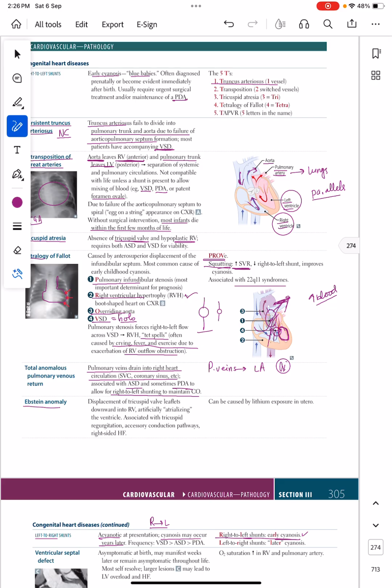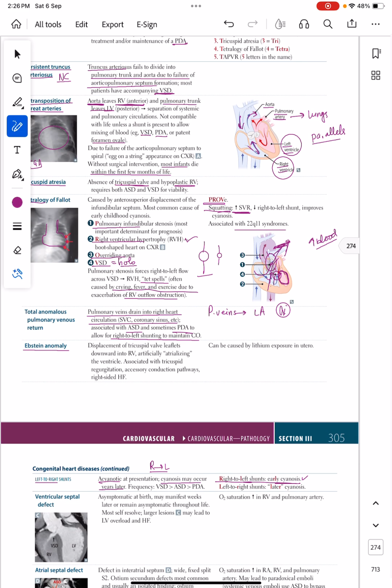The last one is Ebstein anomaly. What happens in Ebstein anomaly? There is downward displacement of the tricuspid valve into the right ventricle, and that causes atrialization of the ventricle. If this is the right side of the heart and the tricuspid valve moves down, it atrializes the ventricle.